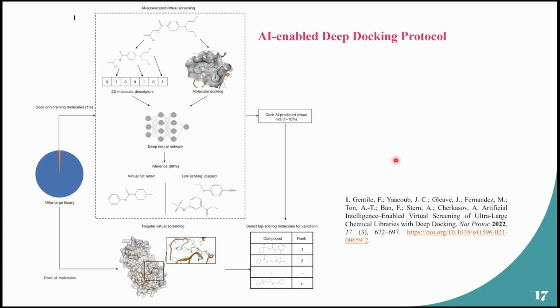So training the machine learning or deep learning model with that is not always possible. That is why these kinds of tools can come in handy, where you can dock using molecular docking only 1% of the ultra large library, while you use the rest of the ultra large library for prediction purposes using your trained model.